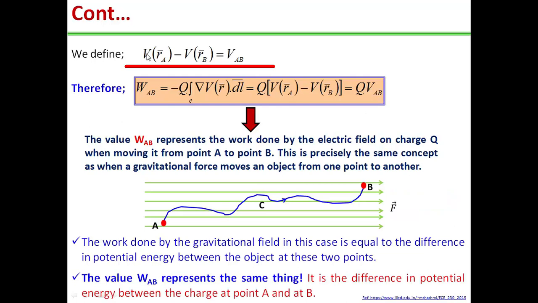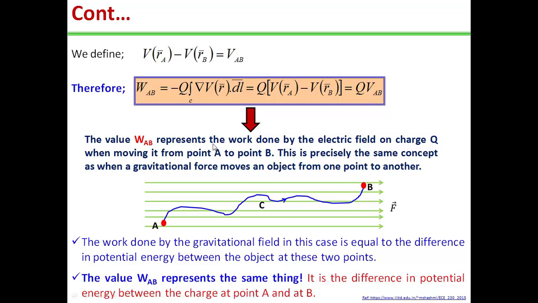So basically V at point A minus V at point B will be equal to VAB. Therefore, we can write work done AB is equal to minus of Q line integral del V dot dl over contour C will be equal to Q in bracket VA minus VB. This will be equal to Q VAB, because we defined here VA minus VB will be equal to VAB.